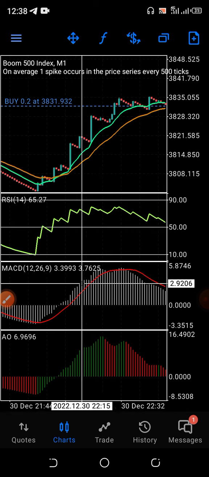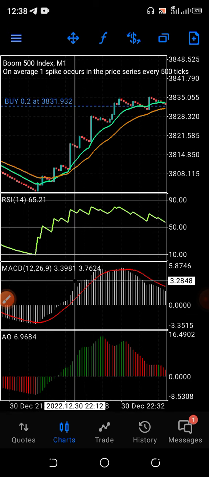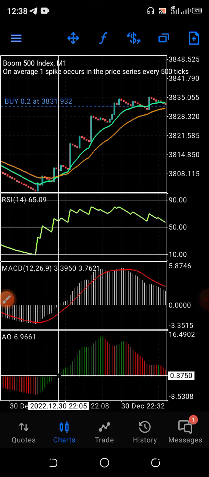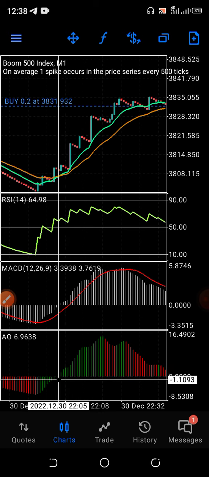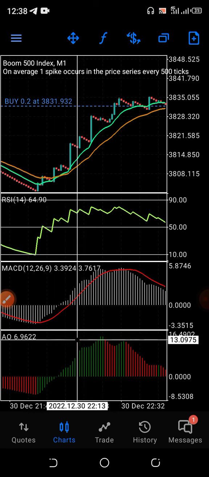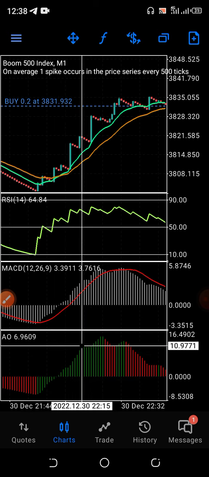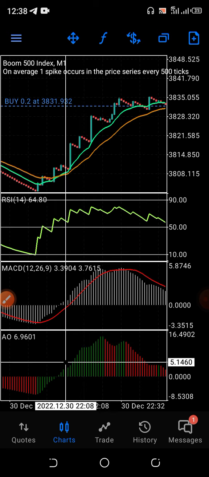As long as the histogram is below both the indicator window trend, as long as the histogram is below zero like this, it is downward, which is bullish movement.